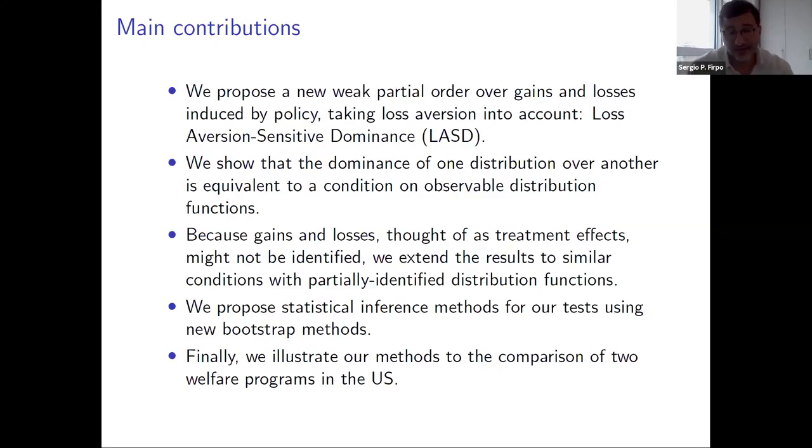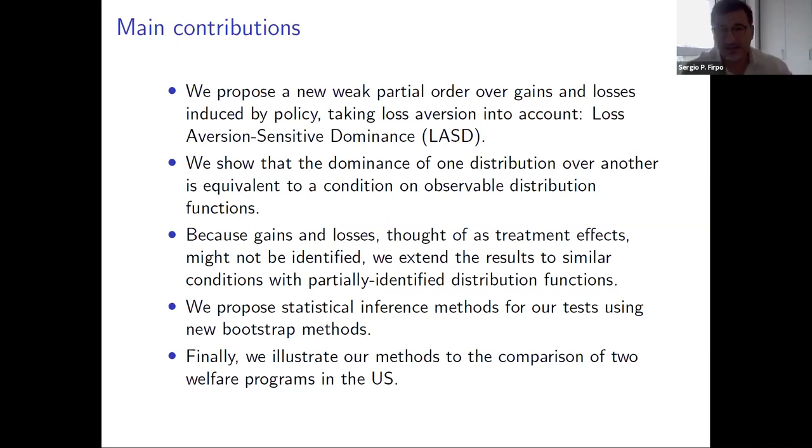And then you show that if the value functions exhibit these kinds of properties, then we're going to have a one-to-one mapping between this relationship between distributions of changes and the preference of the policymaker over policy A and B in terms of the welfare being generated.